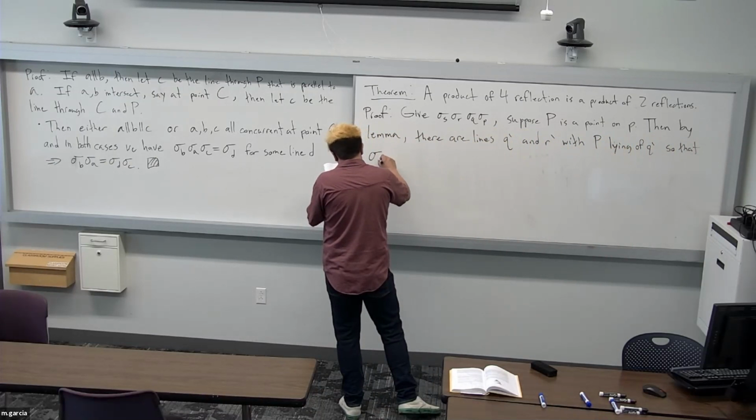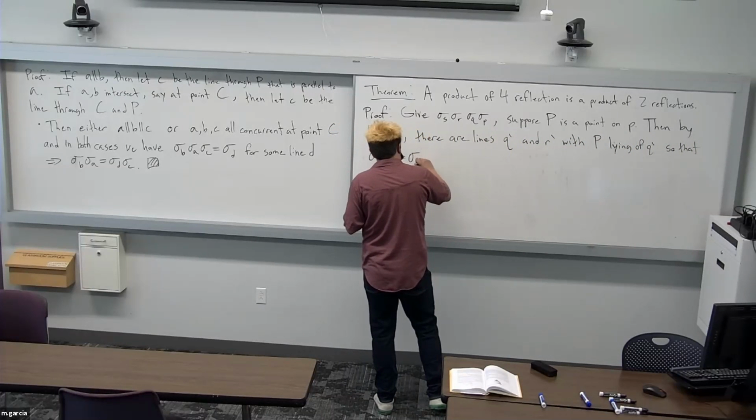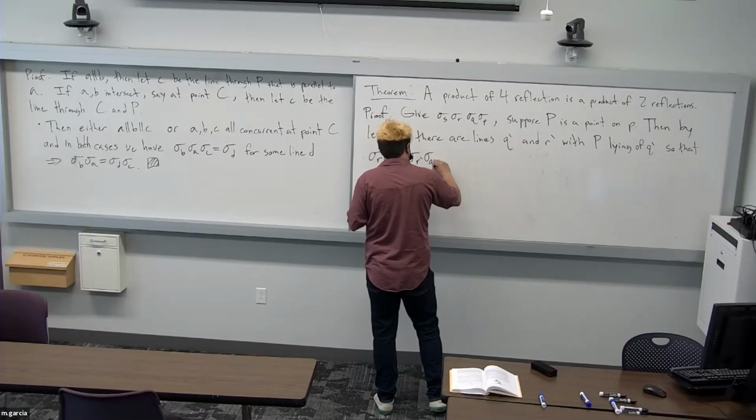Sigma R sigma Q is equal to sigma R prime sigma Q prime.